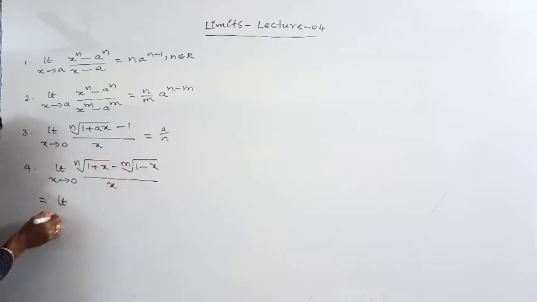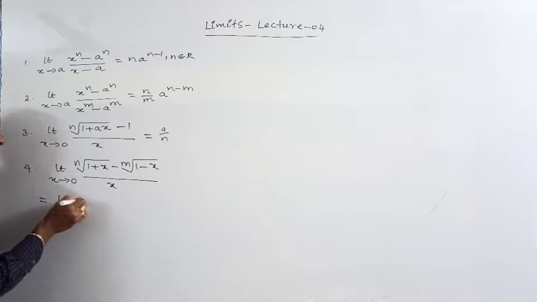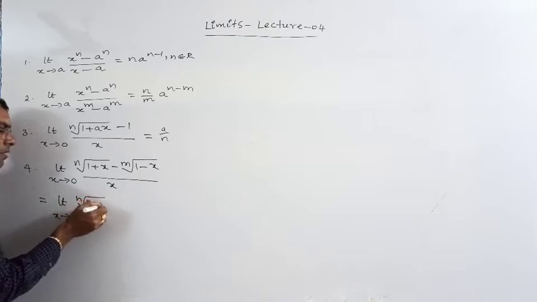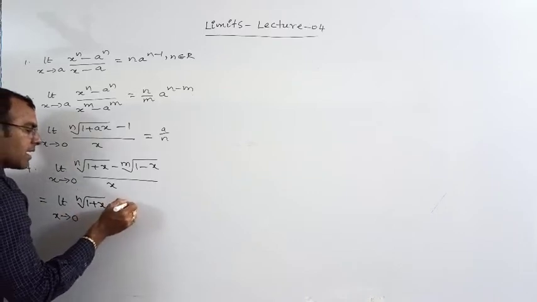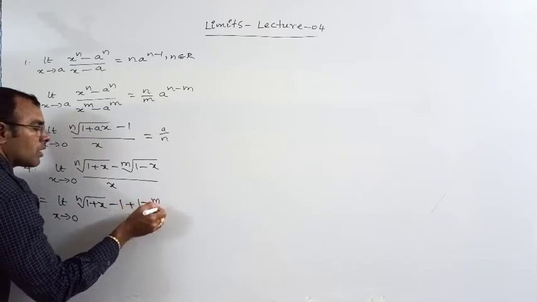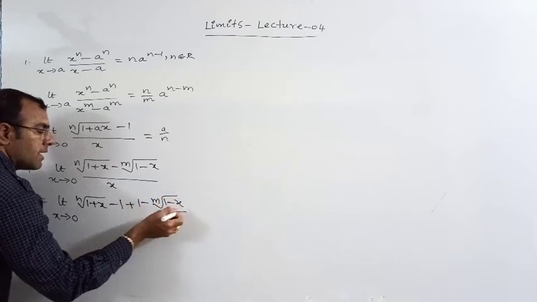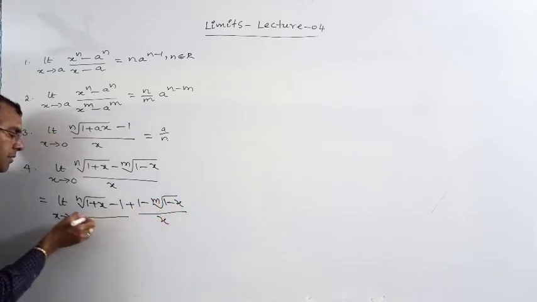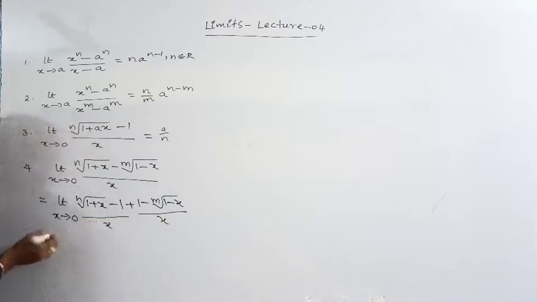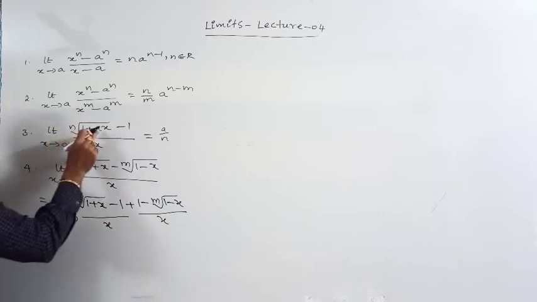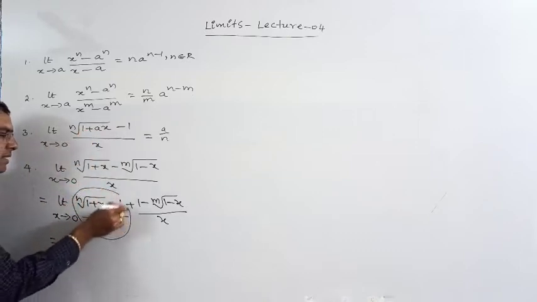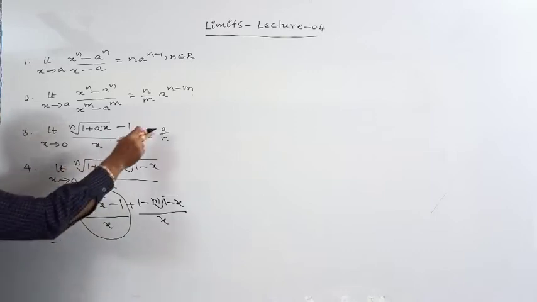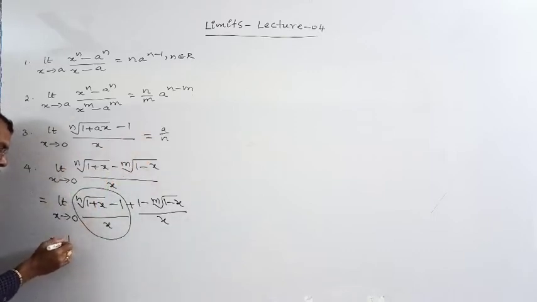So limit x tends to 0, (nth root of (1 plus x) minus 1) by x, plus (1 minus nth root of (1 minus x)) by x. Now you see here a value is 1, so the answer for this limit is simply a by n, nothing but 1 by n.